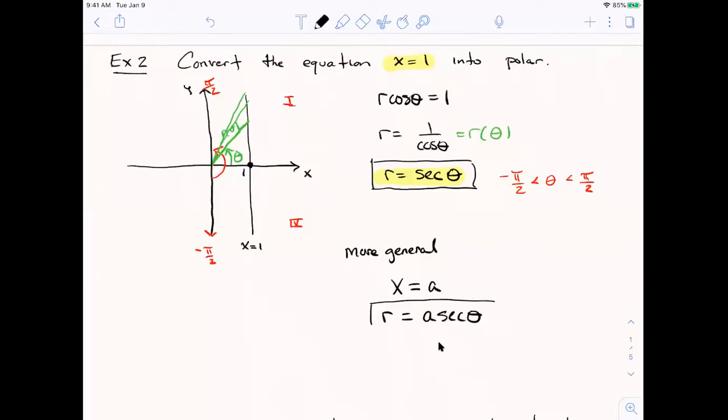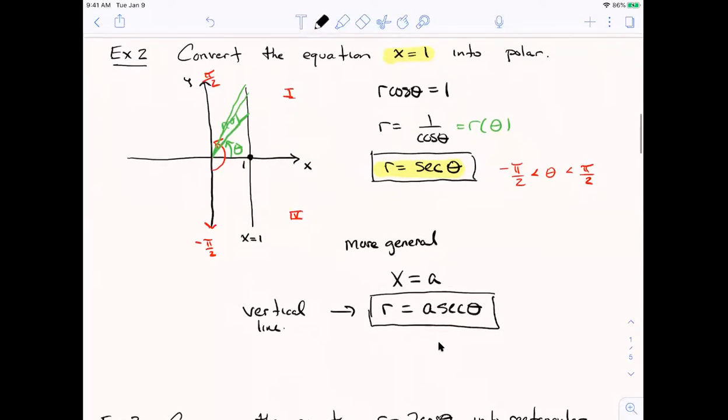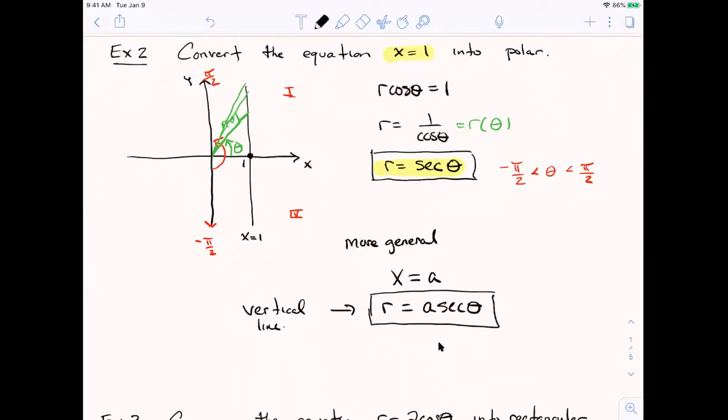So r equals a times the secant of theta is the polar equation for a vertical line. I'm going to leave it to you. I'll make it part of the activity for this lecture that a horizontal line, y equals a constant, would be given by the polar equation r equals a times the cosecant of theta. Excuse me.